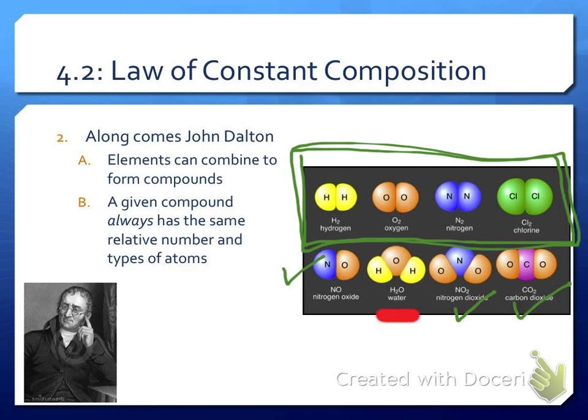So this is his reasoning for why we always get the same ratio of masses when we're looking at a compound. So the main idea here is that water is always H2O. It doesn't matter how much hydrogen I start with or how much oxygen I start with. The combination of those two things is always going to produce H2O.